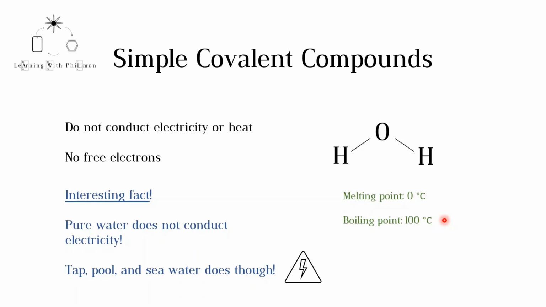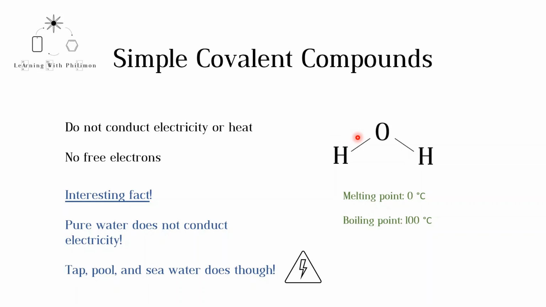Simple covalent compounds do not conduct electricity or heat in any state. For the conduction of electricity, you need ions or electrons that are free to move. See more in the ionic and metallic bonding videos. In the case of simple covalent compounds, the electrons remain between the oxygen and hydrogen atoms in the covalent bonds.